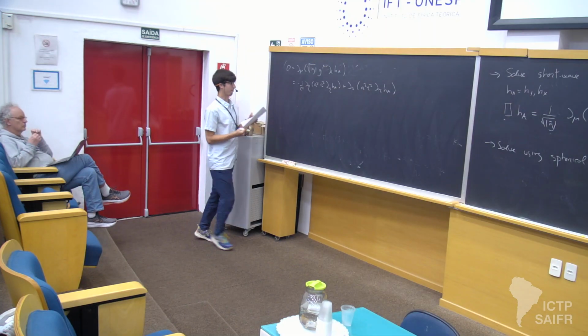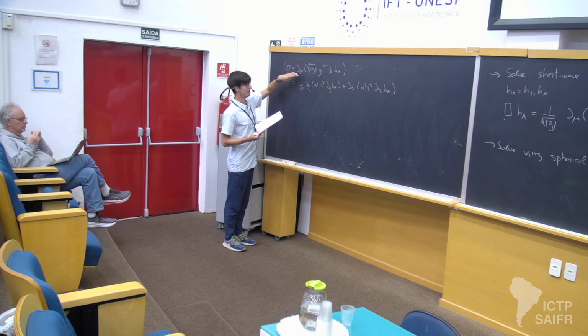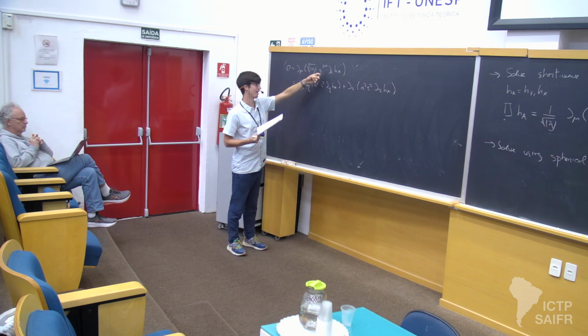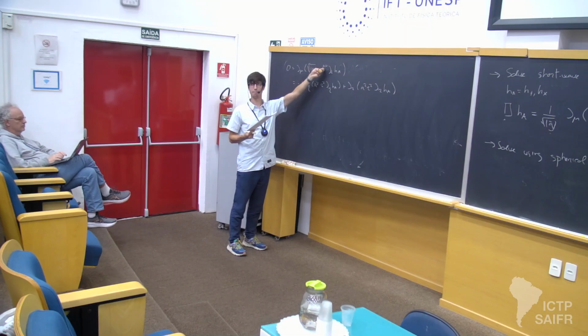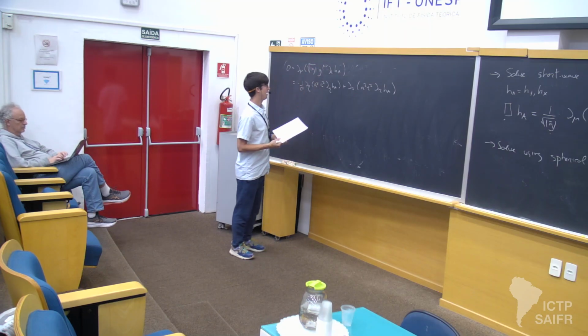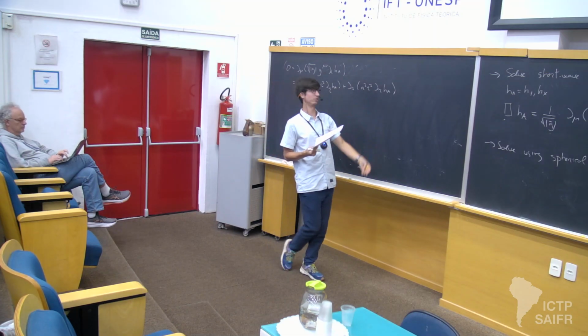So here I have only expanded the derivatives and taken into account that the metric and its inverse are diagonal, and also the fact that the scale factor only depends on the conformal time.